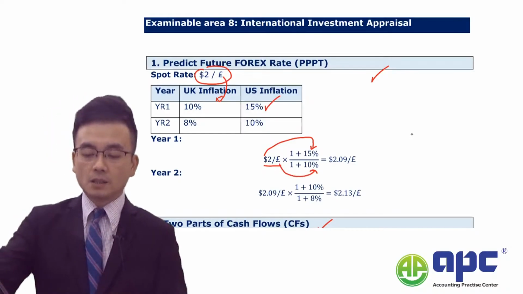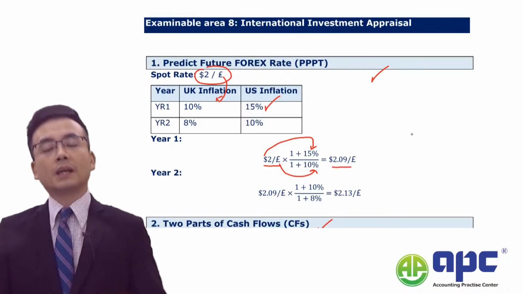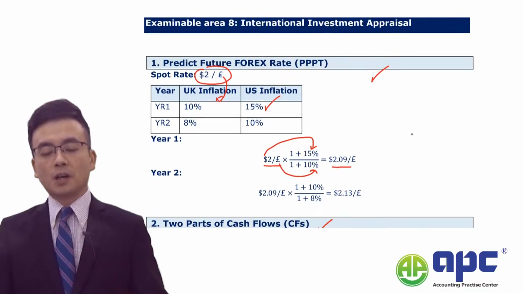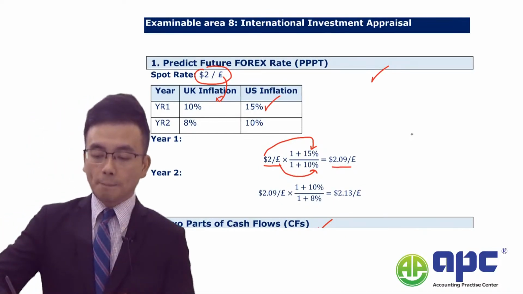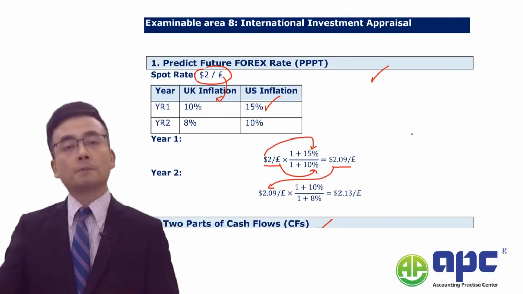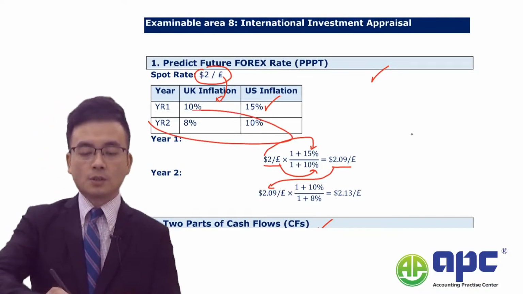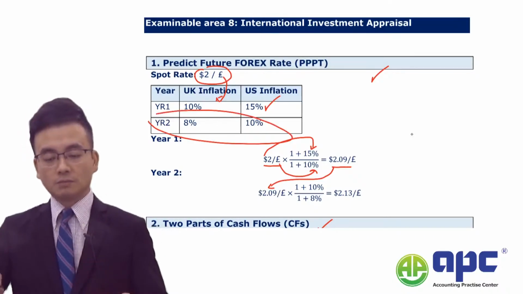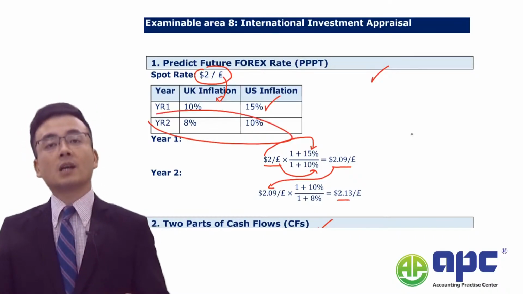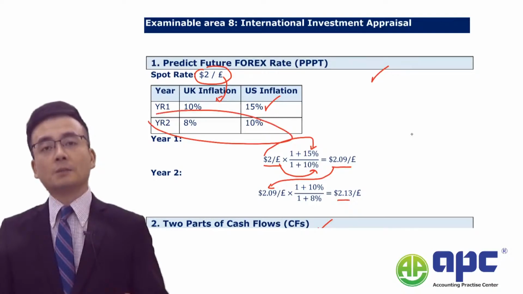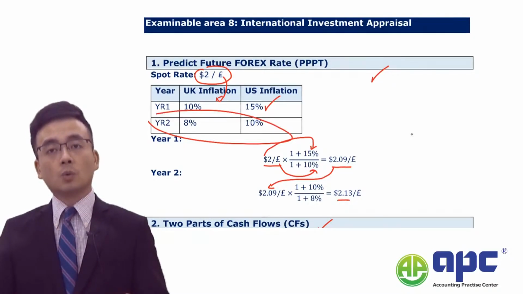That will give me the year 1 predicted exchange rate of 2.09. We then base on 2.09, doing the same calculation for year 2 for the difference in inflation, and that will give me the predicted exchange rate to be 2.13. And that's all we can say.